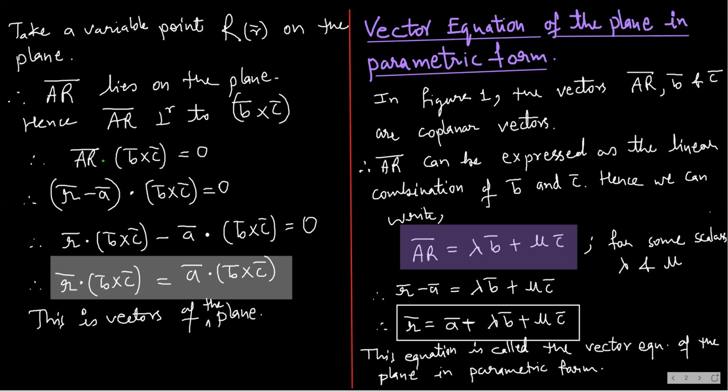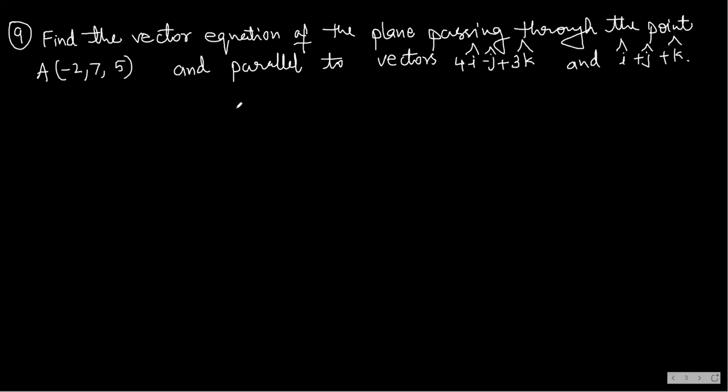Please copy this. Here we have a problem from exercise 6.3 of the textbook that I am following, and the problem is based on the theory that we just did. Let us read the question.